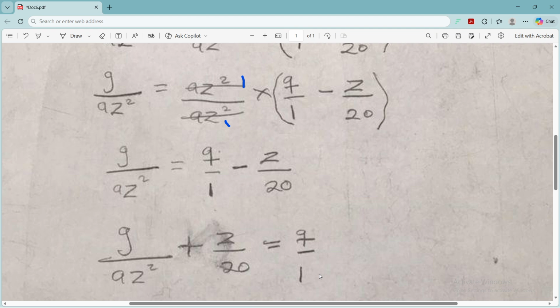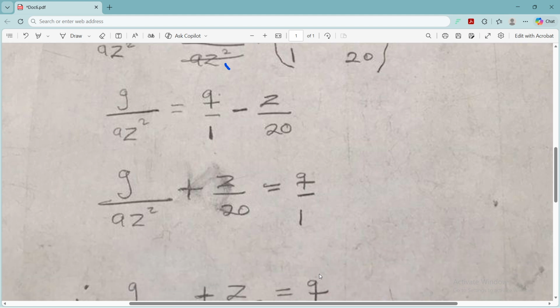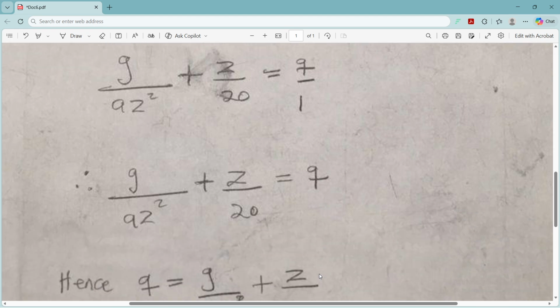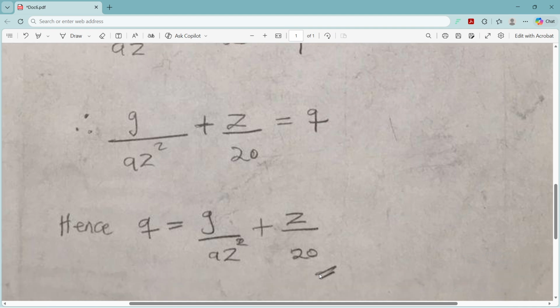So q equals the fraction j divided by az squared plus the fraction z divided by 20.